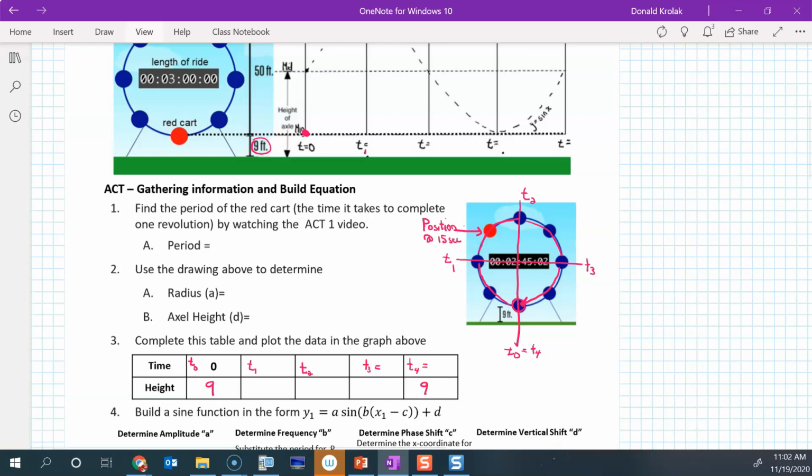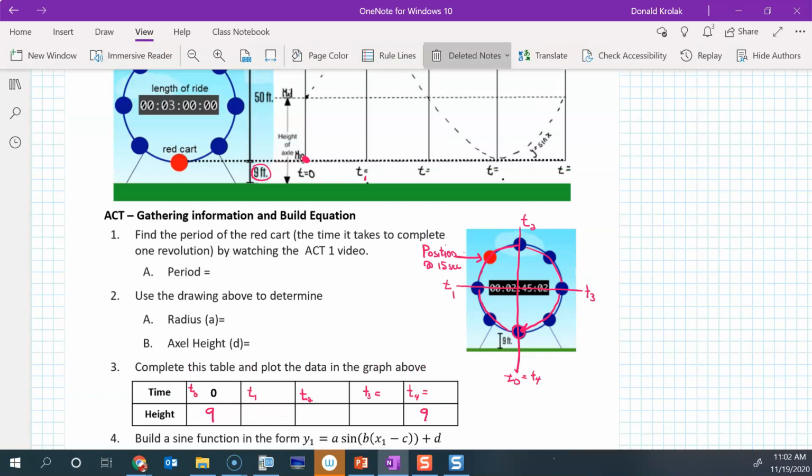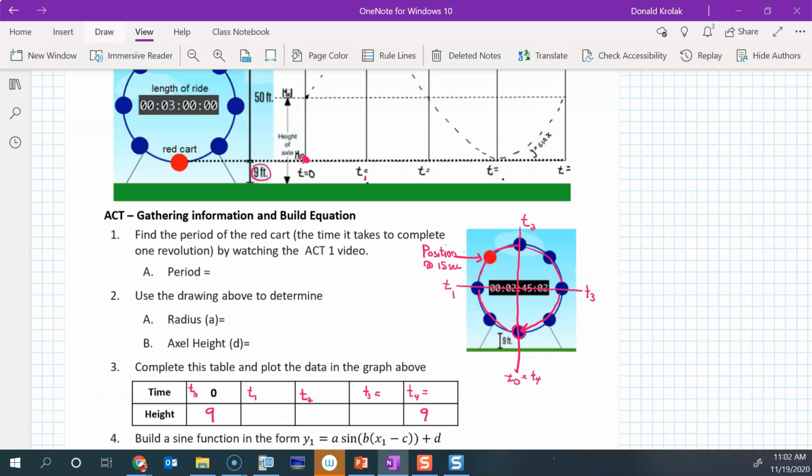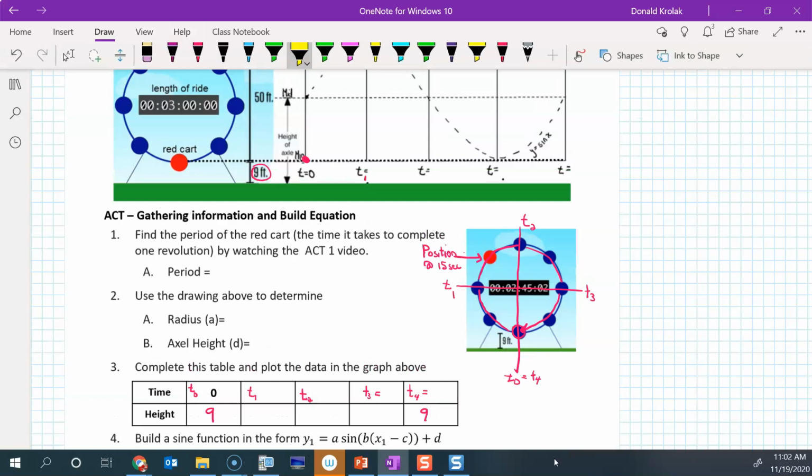So here's what you've got to fill in, everything that I'm highlighting. Okay, so on this page here, you're going to have a value right here. You're going to have the radius of the Ferris wheel, the height of the axle. Okay, that would be right here in the middle. That's the midline. And then you're going to have each one of these boxes filled in.